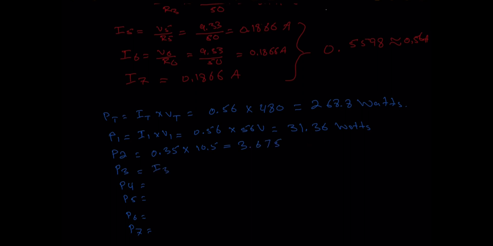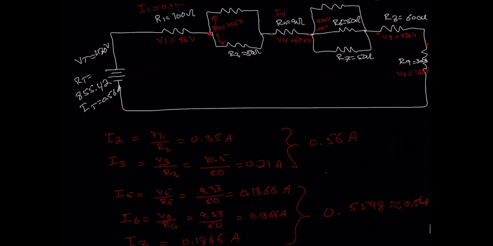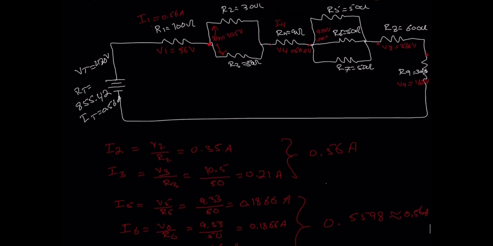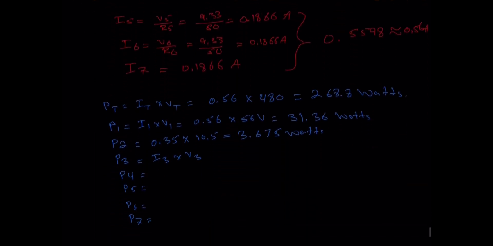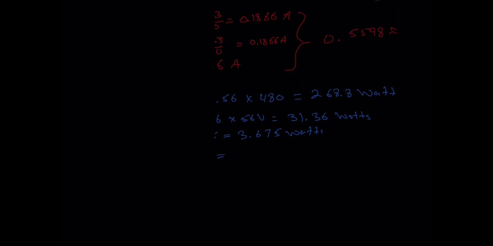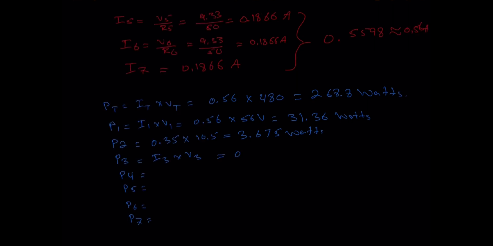P3 is I3 times V3. And I3 we found out was 0.21 and V3 is 10.5. 0.21 times 10.5 will give me 2.205 watts.